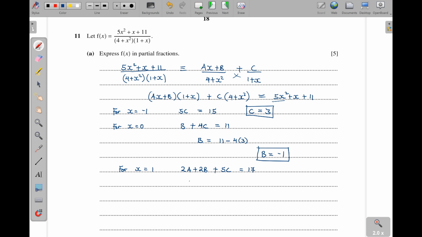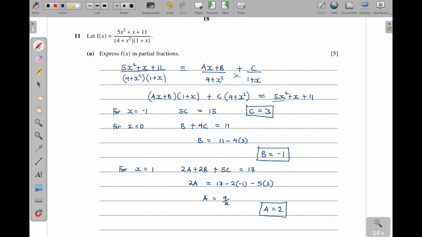Now 2a is the one that we are supposed to get. So we have 17, then minus 2b, which is plus 2 since b is -1, and minus 5c, because when it crosses it's a minus. Then our a is whatever we get here divided by 2. So 17 plus 2 is 19, 19 minus 15 gives us 4, and 4 divided by 2, then a becomes 2.